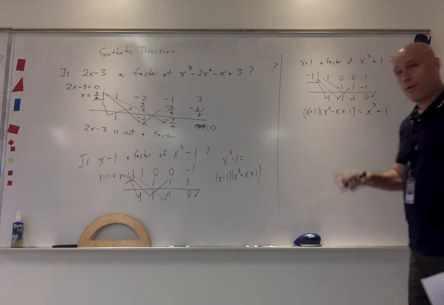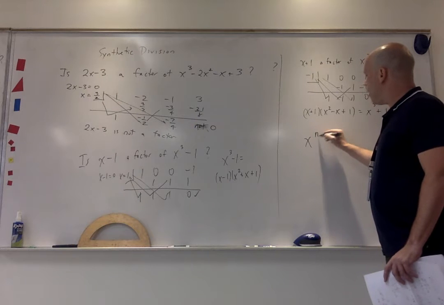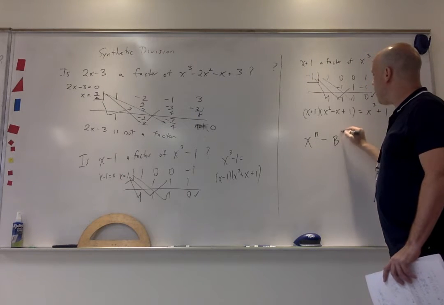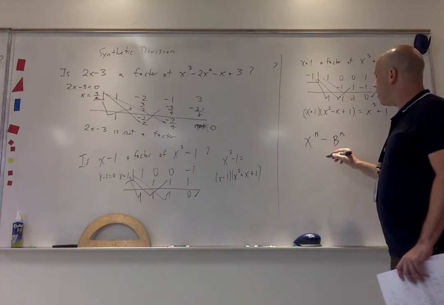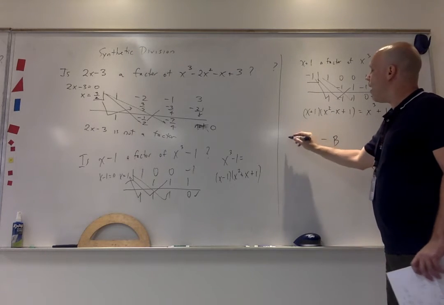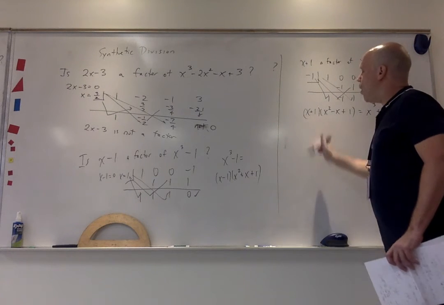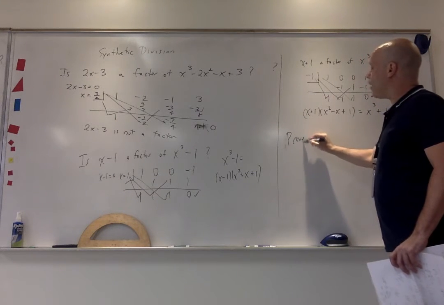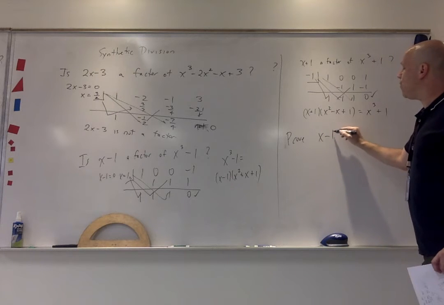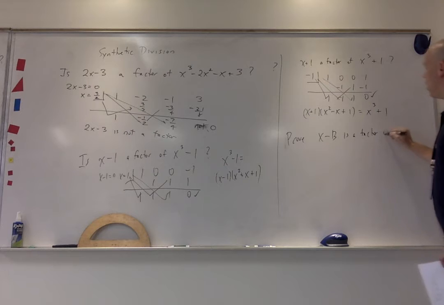Okay, and I'm going to throw this at you. I'm going to freak you out a little bit. x to the n minus b to the n. Prove, you're going to like this, prove that x minus b is a factor of x to the n minus b to the n.